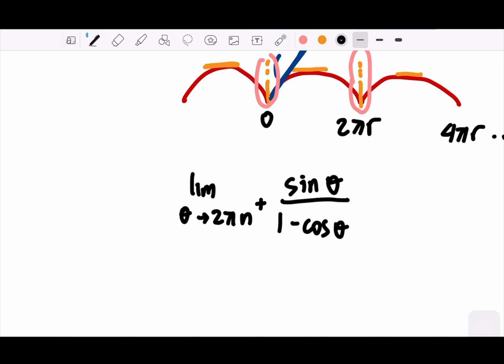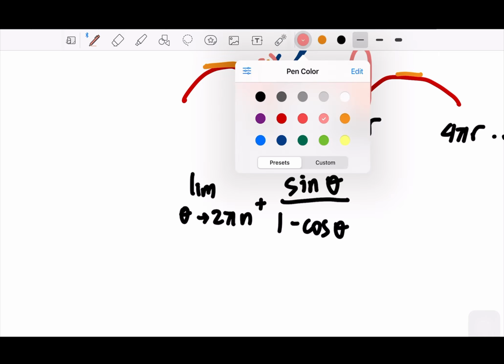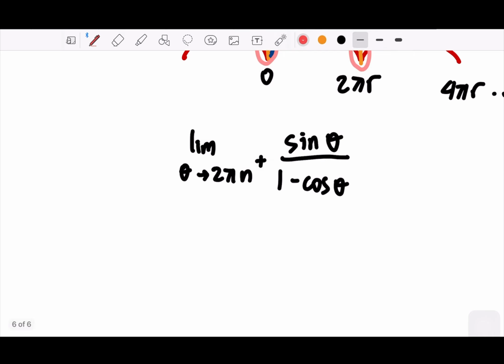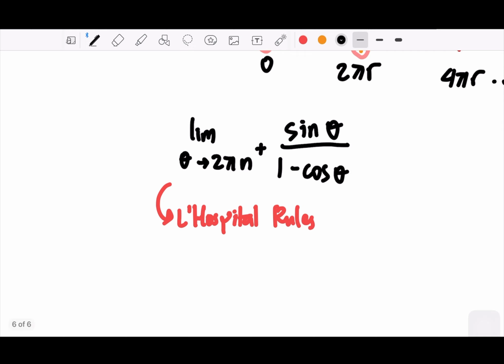Now, if we remember from last semester, Calculus 1, if we check, this will be a 0 over 0 situation, right? This is an indeterminate form. That's why we can use L'Hopital's rule. Then we can differentiate each of the sine and 1 minus cosine.